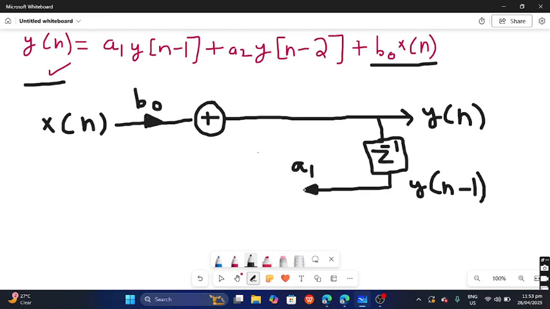You multiply it and again we will make an adder. It is getting added, and after getting added it goes into this one. So this is your a1 y of n minus 1.